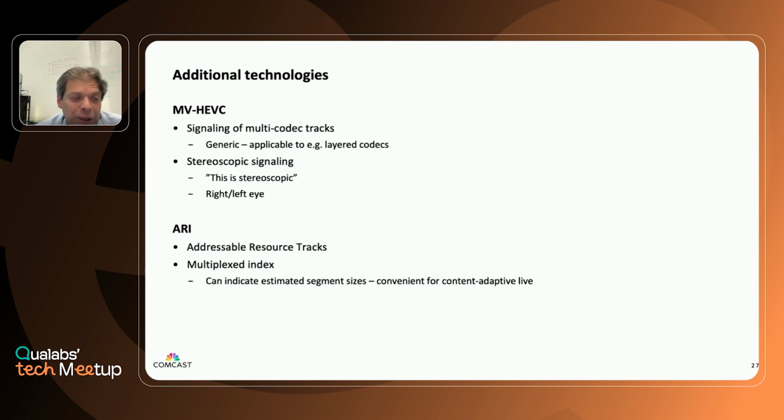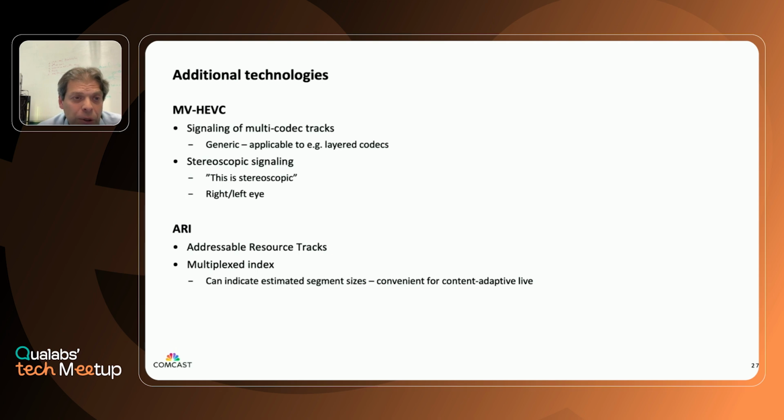HLS did everything in a different way. They multiplexed the views. So now we have a multi-track, multi-codec track, where we multiplex the normal backwards compatible, let's say, left eye view and right eye view, which is the difference between what was in the right eye and in the left eye.